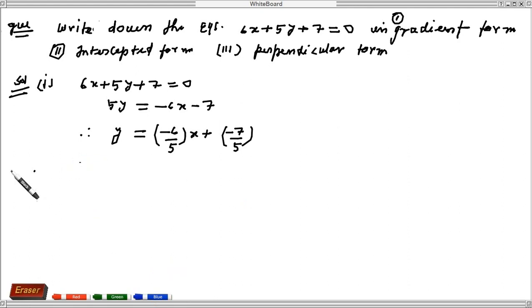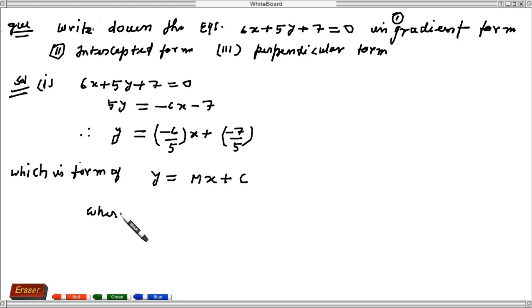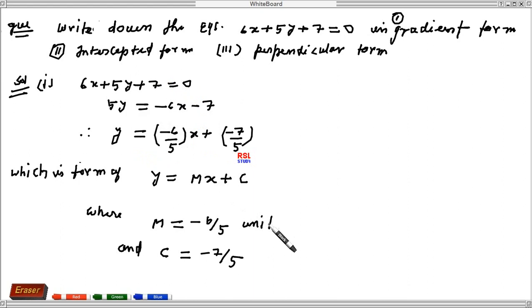Finally, this equation is converted into the gradient form like this, and on comparing with the general equation we find m equal to this and c equal to this.